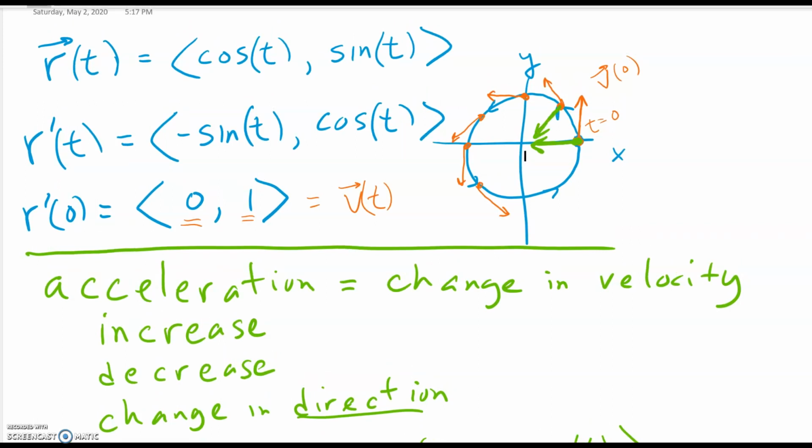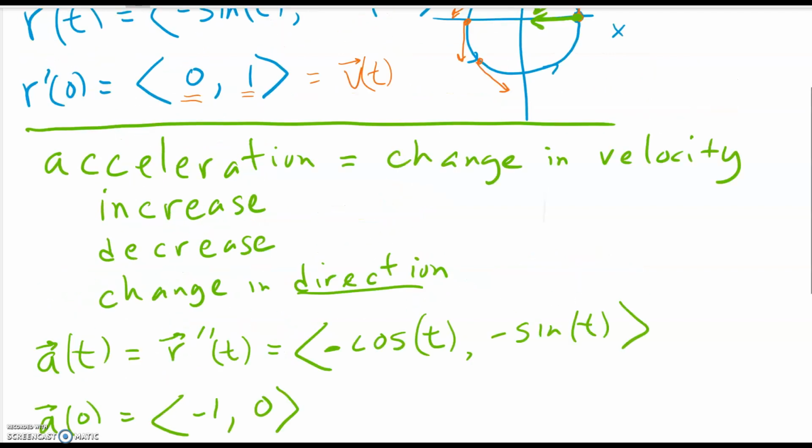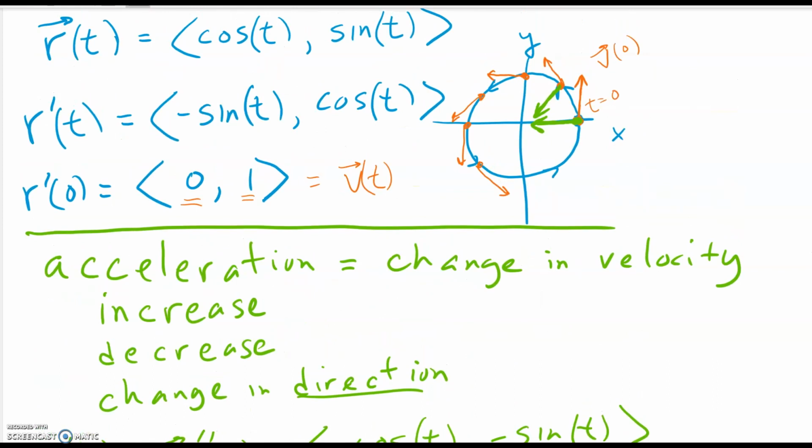If you plug in pi over 2, you have cosine of pi over 2 is 0, and then negative sine pi over 2 is -1. So at pi over 2, your acceleration is pointing straight down. And so you can see that all your acceleration vectors are pointing inwards.